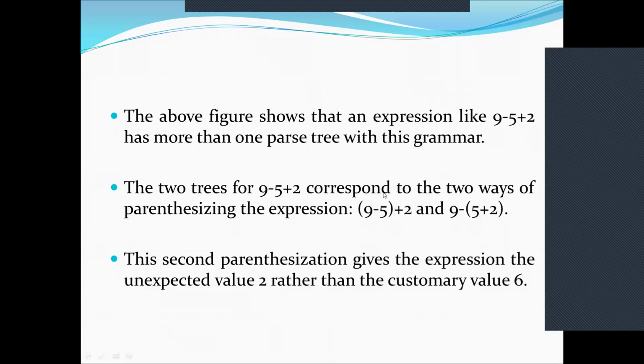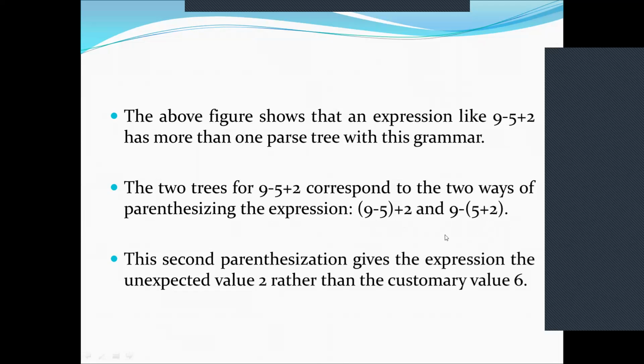One is parenthesizing 9 minus 5, another is parenthesizing 5 plus 2. If we are parenthesizing 9 minus 5, the result is 6. If 5 plus 2 is parenthesized, the result is 7. That means for the same expression, we are getting two different results, which is ambiguous.